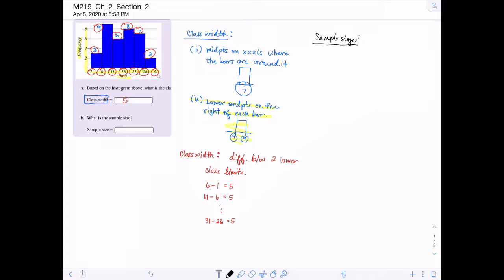The sample size would just be the sum of frequencies. So we're going to have 3 plus 9 plus 6 plus 8 plus 7 plus 2. So that's going to be 12, plus 14 plus 9. So that'll give us 26 plus 9 is 35.